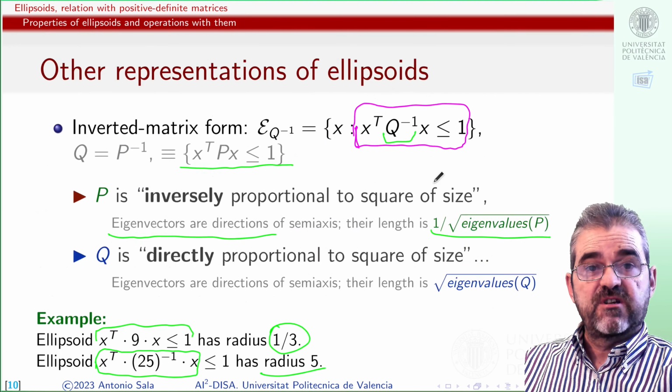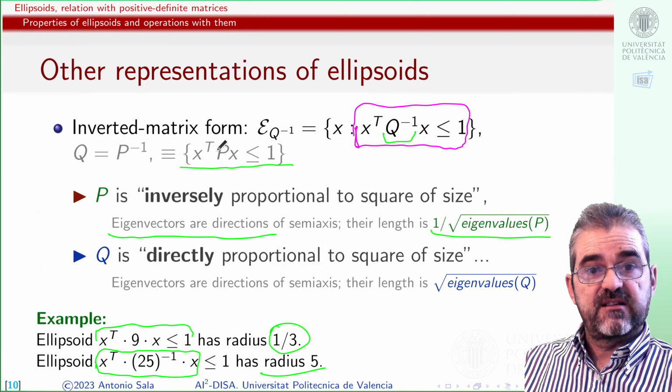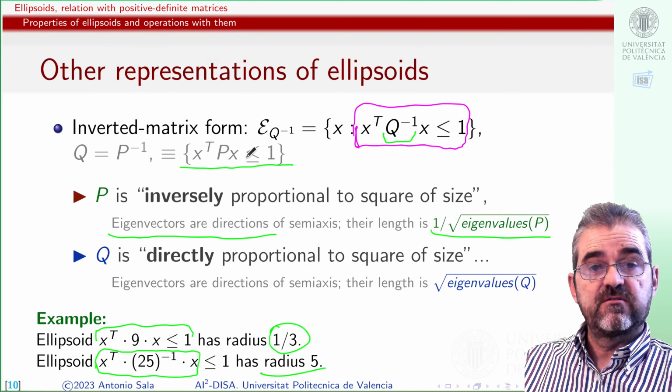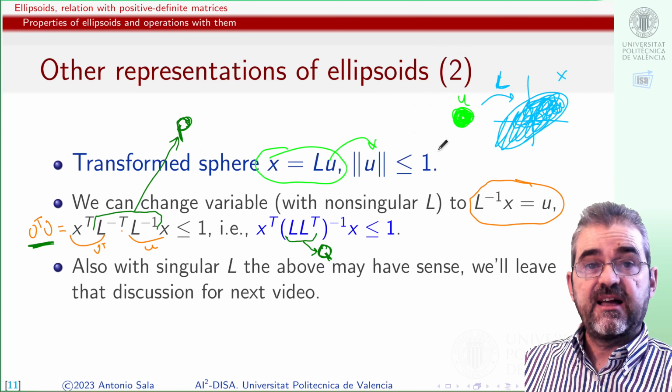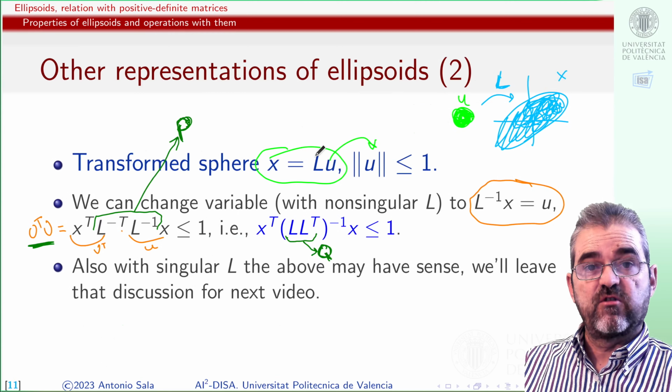And third, we discussed that there are 3 ways of representing an ellipsoid: in direct form, X transposed P X; inverted form, X transposed Q minus 1 X; and as a linear transformation of the unit sphere. The 3 representations are equivalent. We can transform from one to another at will if the ellipsoid is not degenerate. And so, with this summary, we end the video here.